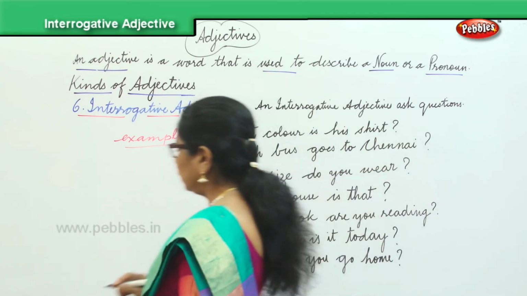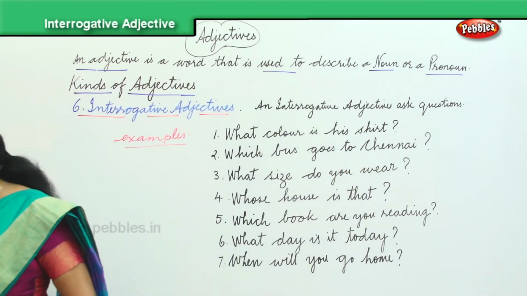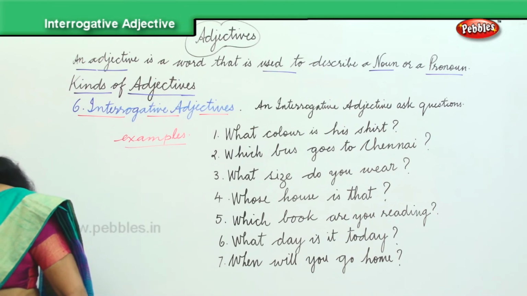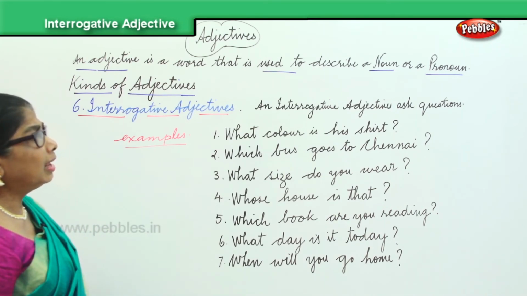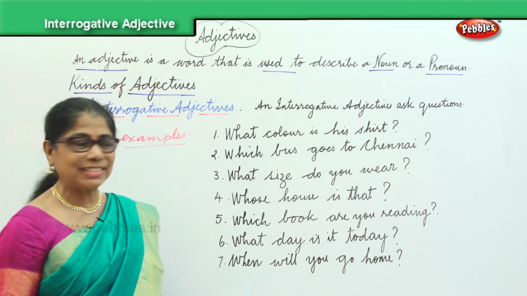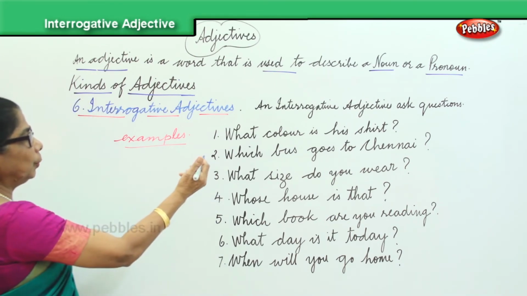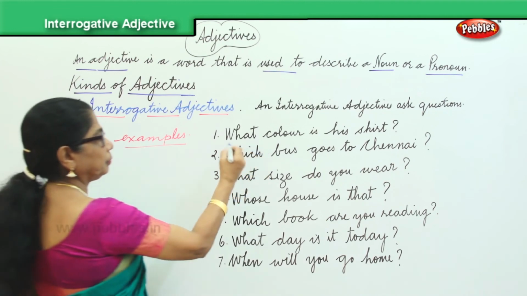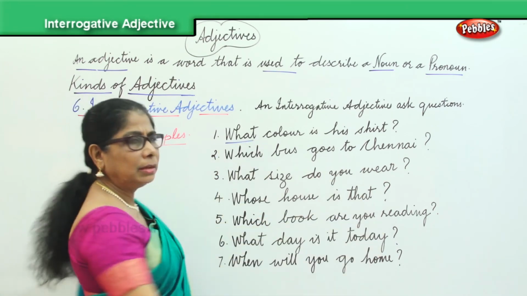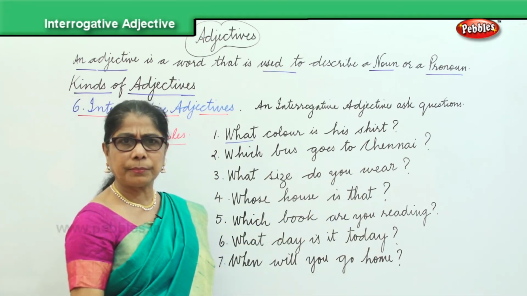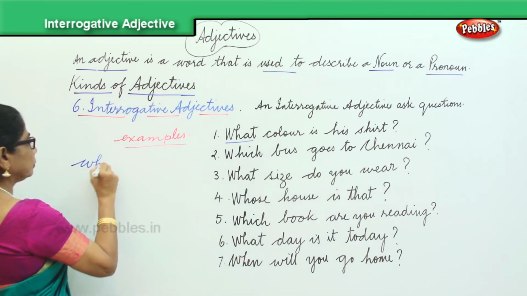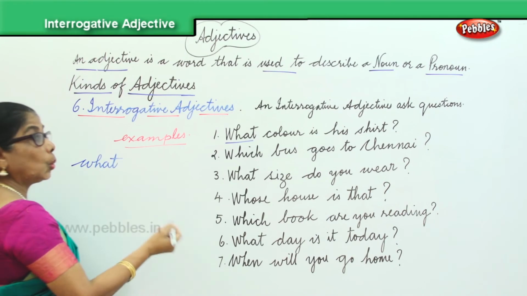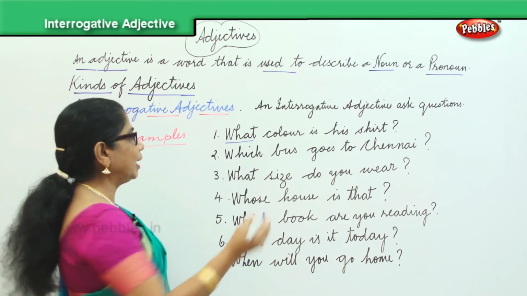Now, we said interrogative adjectives ask questions. Very simple. So we have what? What color is his shirt? The word what. Which bus goes to Chennai?